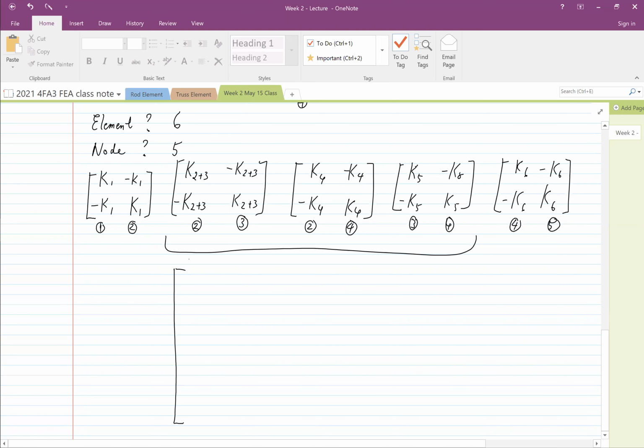Okay, I have a big global matrix. Let's fill in the blanks. K1. Okay, node 2 is K2 plus 3, minus K2 plus 3.